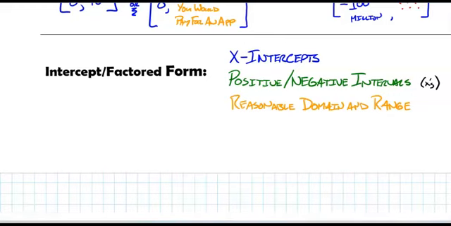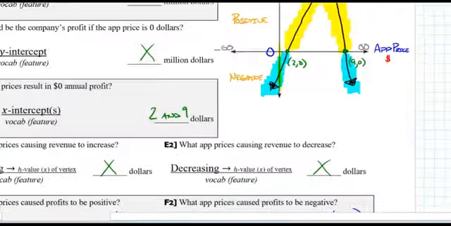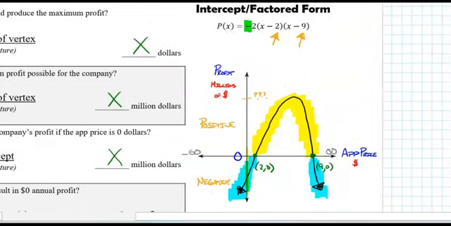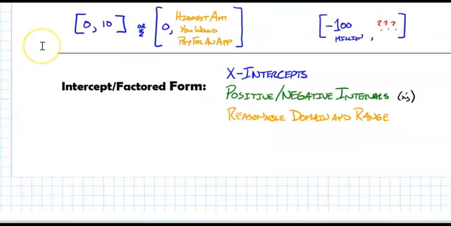We know that the graph does max out, but we don't know exactly what value for the range in this particular scenario, and we would need to go ahead and figure out more information and get a more detailed graph, specifically what is that x and y or h and k value of the vertex. But intercept and factored form can provide these three pieces of information relatively easily just from the equation.